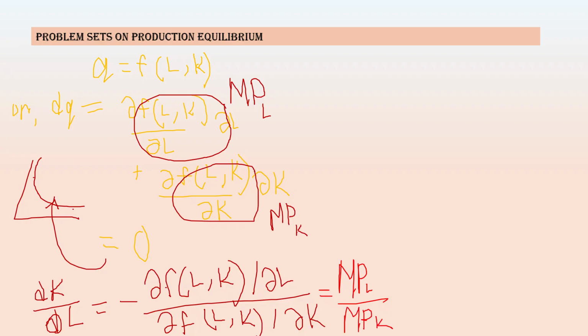So there'll be a minus sign right here. So now we have gotten the slope of an IQ curve and the slope of an ISO cost line.